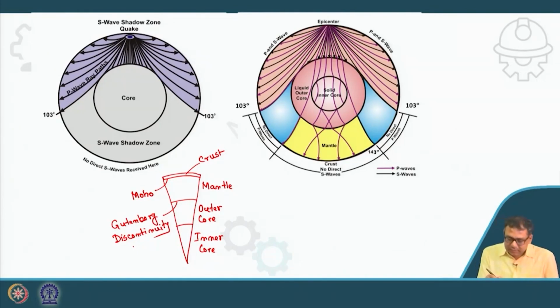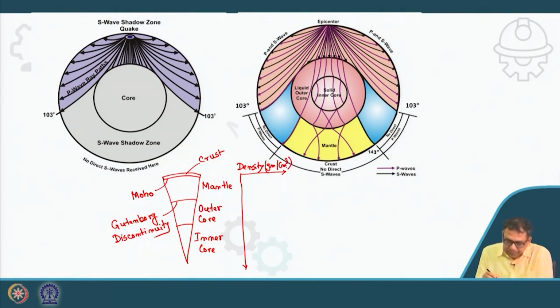But this outer core is liquid in nature, you know. Now if I draw the density pattern against depth, this is density, in gram per centimeter cube.